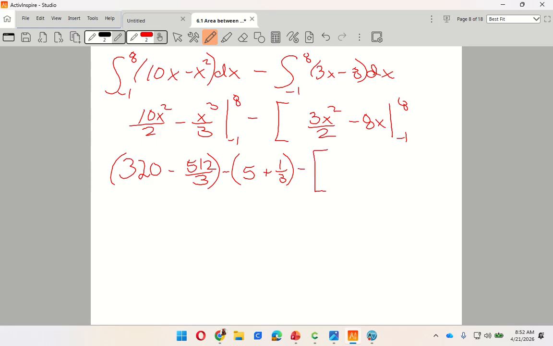Minus the bracket, all this over here. What's it going to be? 64 by 2 is 32. 32 times 3, 96. Minus 64. Minus the lower bound, which is going to be 1, which is 3 over 2, plus 8.